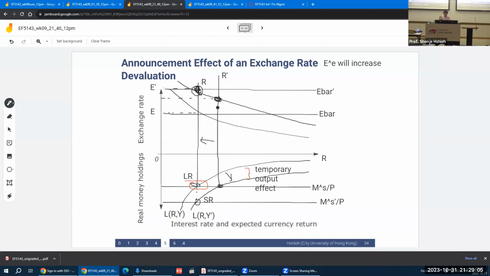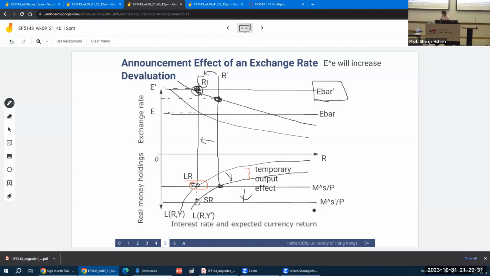And if you are committed to the peg, you have to use your monetary policy tools to maintain the new E bar prime. That means you have to shift the money supply curve outward, right? So that you get back to R, right?